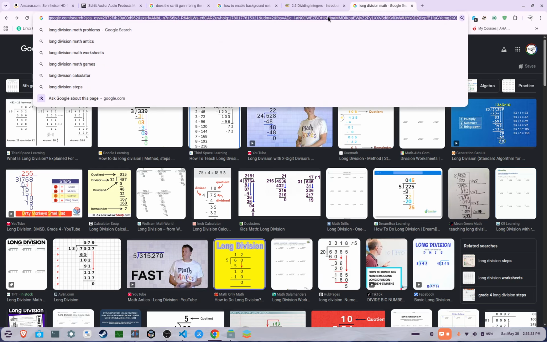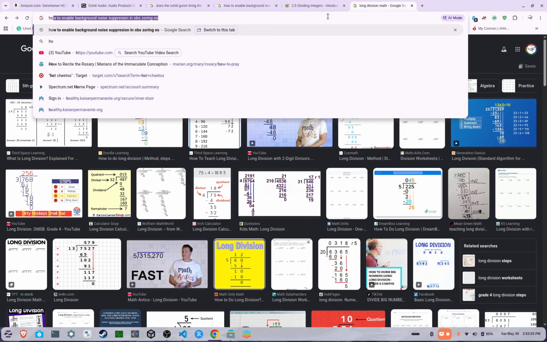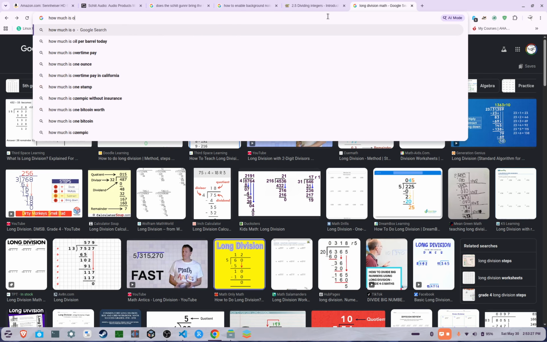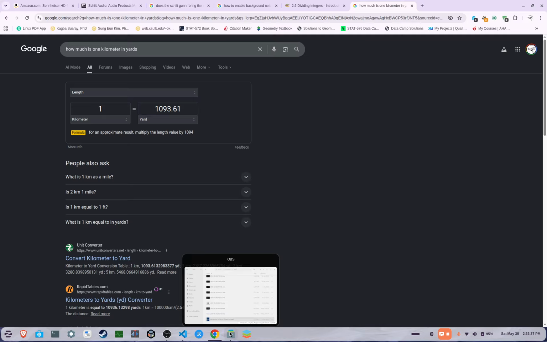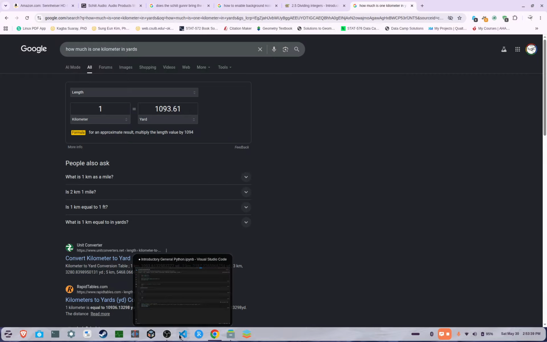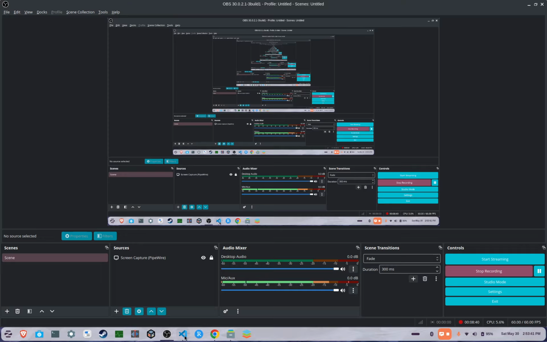So how much is 1 kilometer in yards? Let's call it 10.94.